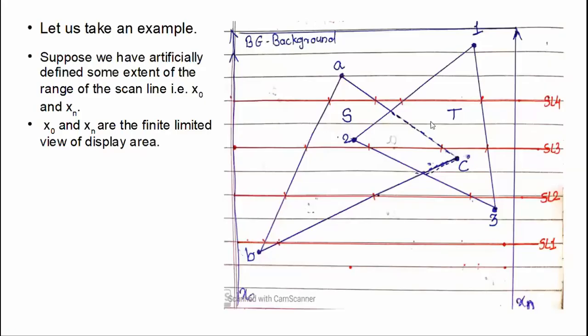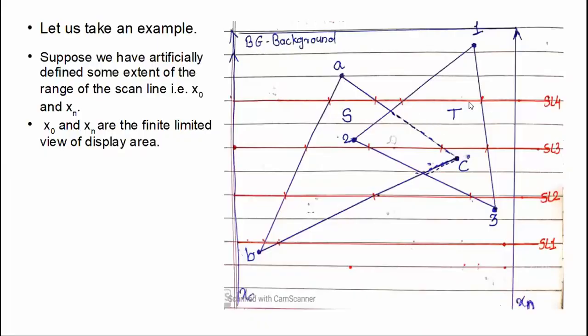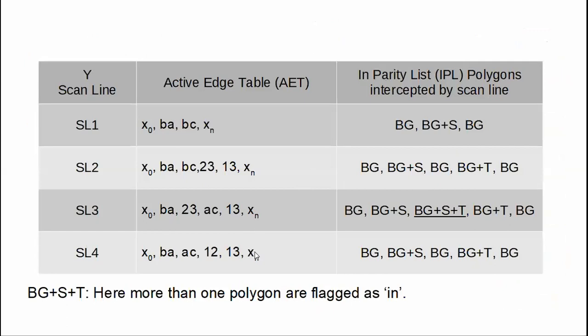Same case for scan line 4, which is intersecting the edges AB, then AC, then 1, 2, and finally 1, 3, and xn. So this is scan line 4.